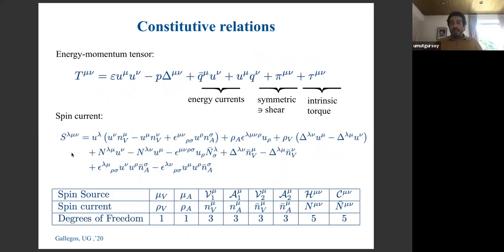So the quote unquote constitutive relations would be as follows. First of all, in the most general setting, we should allow for an antisymmetric part of the energy momentum tensor.